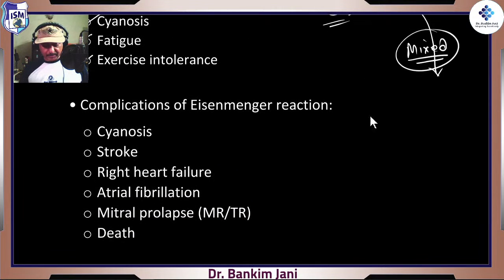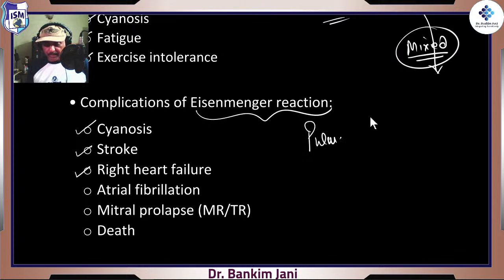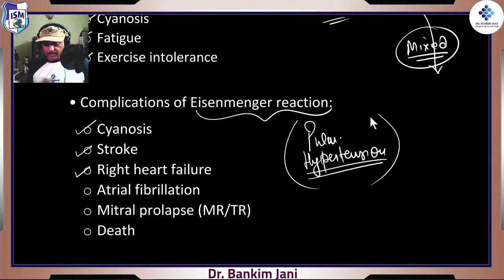And the complications of Eisenmenger reaction, in fact, there are many, but these are: cyanosis, commonest, stroke, right-sided heart failure, because Eisenmenger reaction can occur when there is so much rise in the pressure, so much pulmonary hypertension, and it is this pulmonary hypertension which will lead to all these complications.